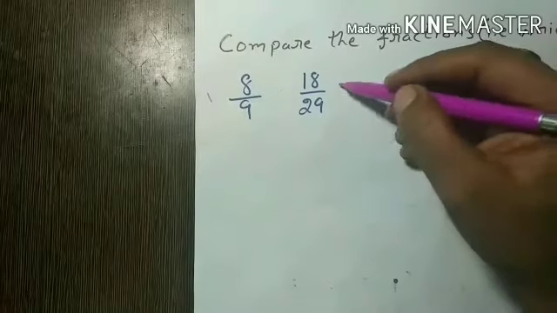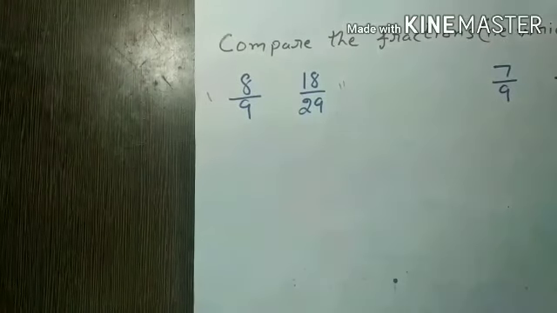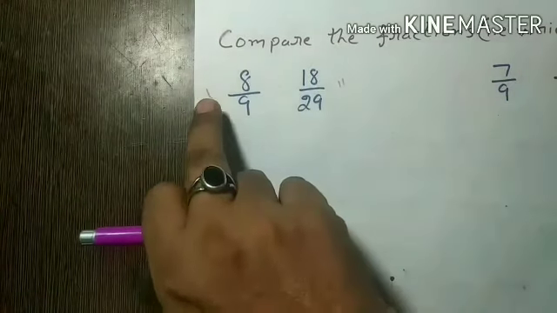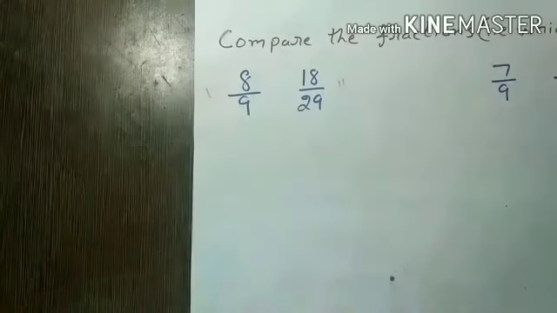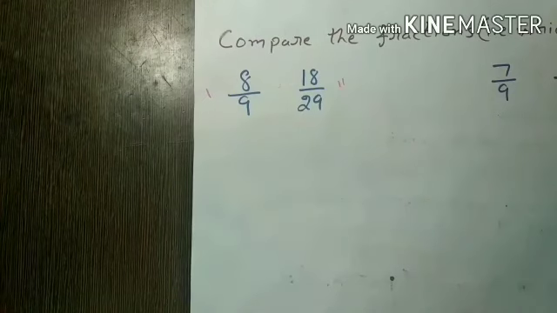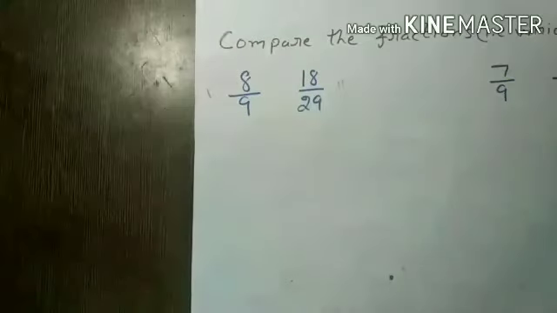That is 11. Now whose difference is less? 1 is less. Okay. Where the difference between the numerator and denominator is less and both are proper fractions, there the fraction having less difference is greater. Okay, 8 by 9 will be greater.